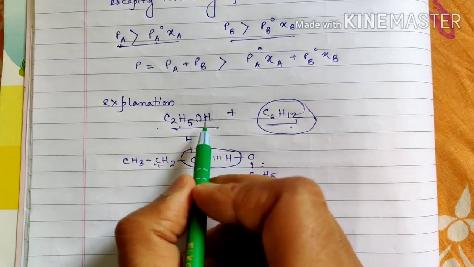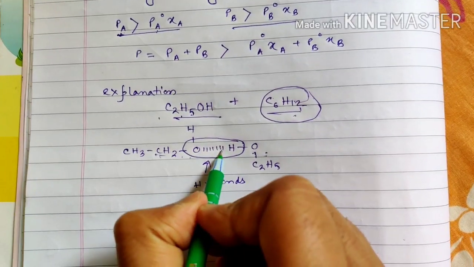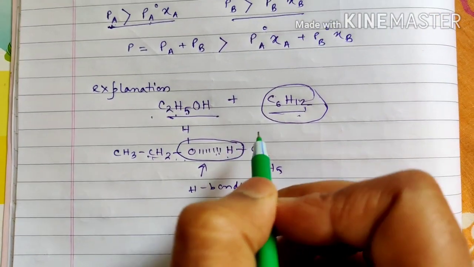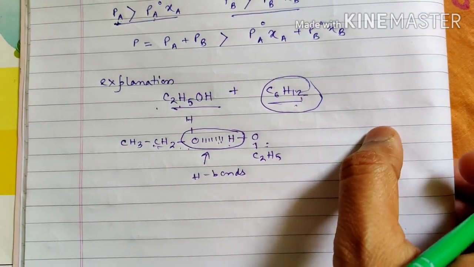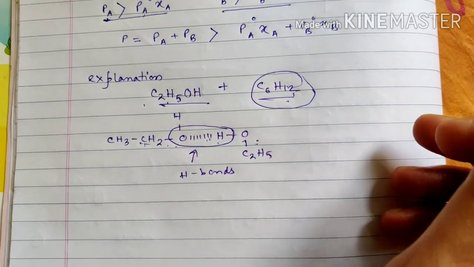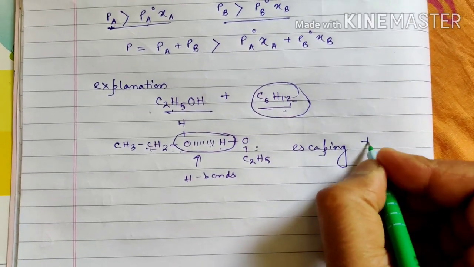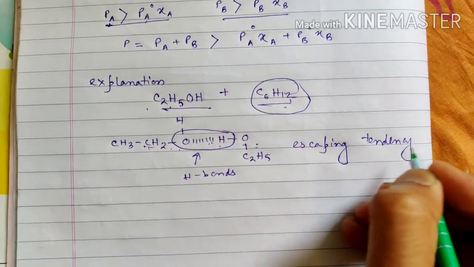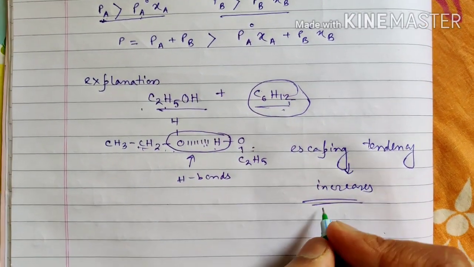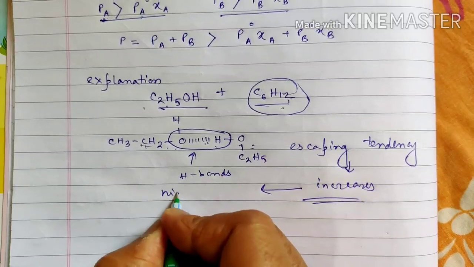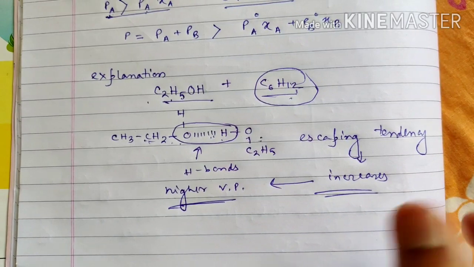Obviously, whatever the attraction was, if it is broken, the tendency to escape will be greater. The attraction force between ethanol molecules is not there anymore, so the escaping tendency increases. If the escaping tendency increases, it directly gives rise to higher vapor pressure after forming the solution, remember.